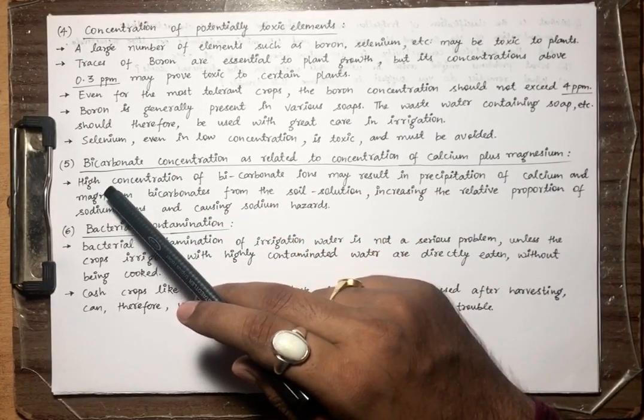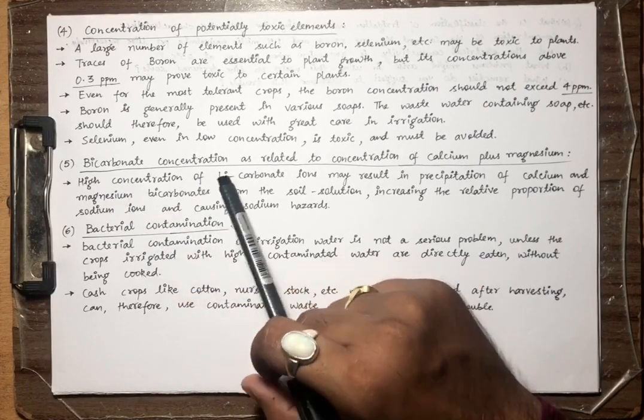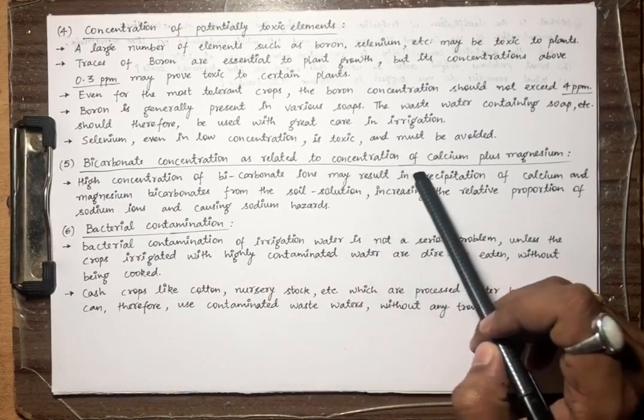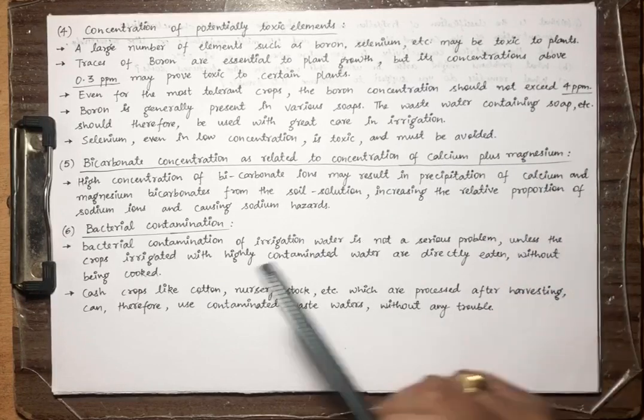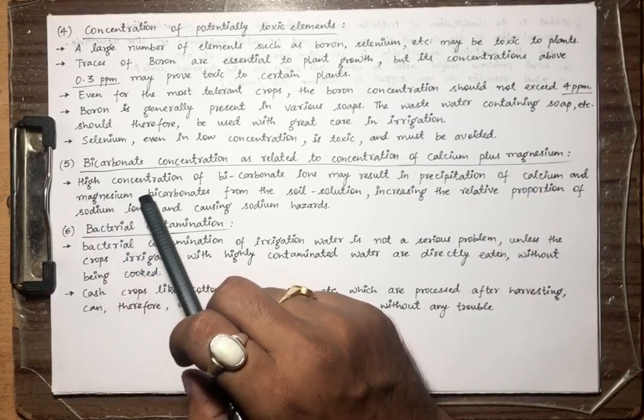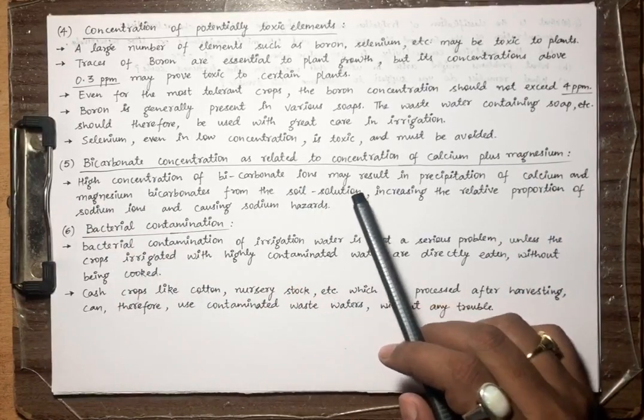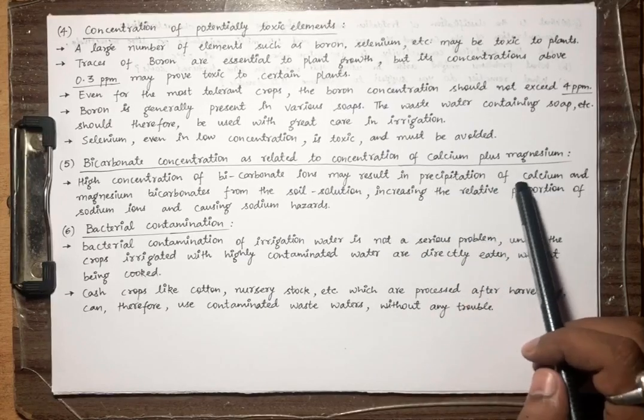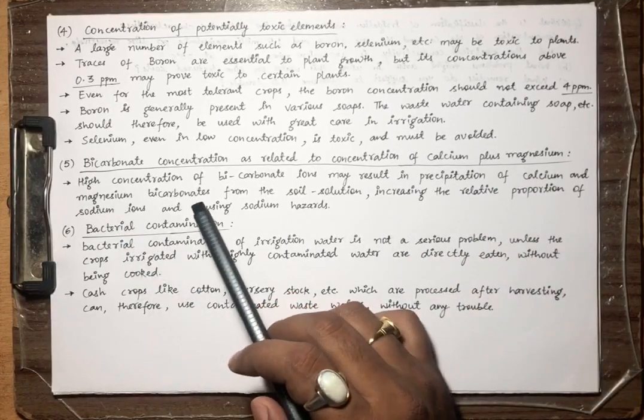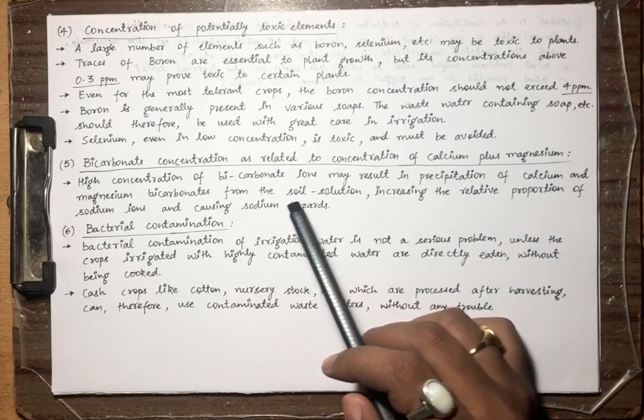The next is bicarbonate concentration as related to the concentration of calcium plus magnesium. A high concentration of bicarbonate ions may result in precipitation of calcium and magnesium bicarbonate from the soil solution.